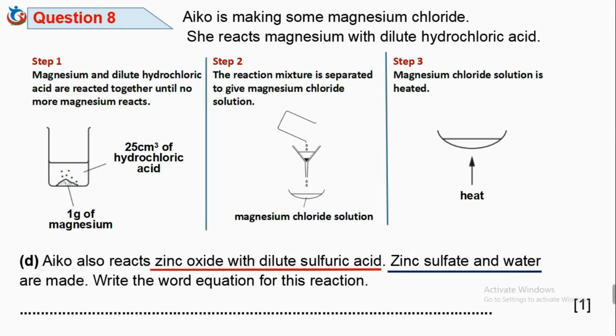So the reactants are zinc oxide and sulfuric acid, while the products are zinc sulfate and water. Now the question says write the word equation, so you write zinc oxide plus sulfuric acid, introduce an arrow pointing to the products, then write zinc sulfate and water, and you are good to go.